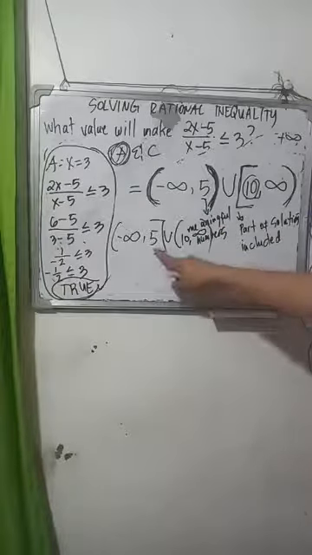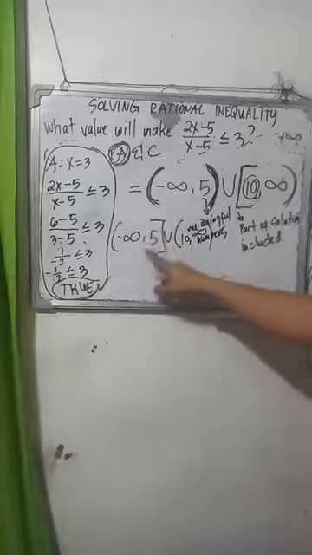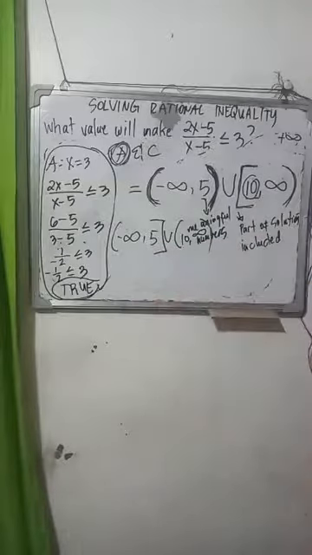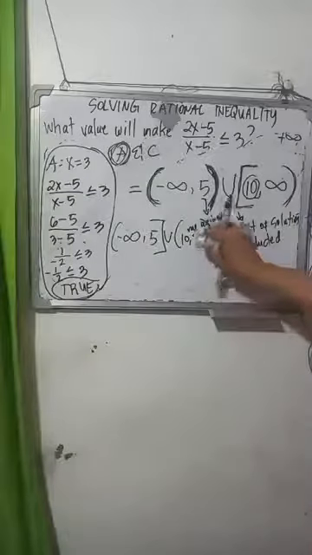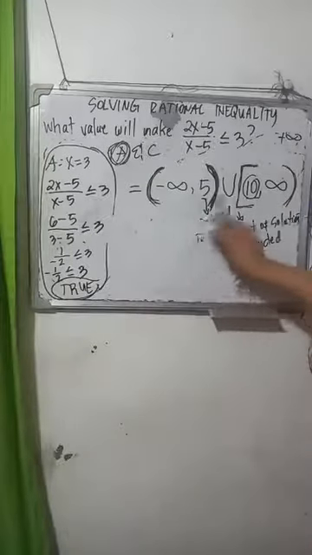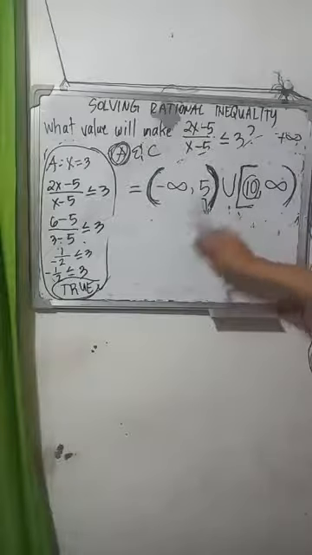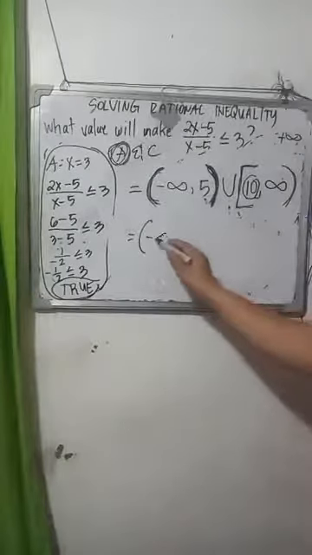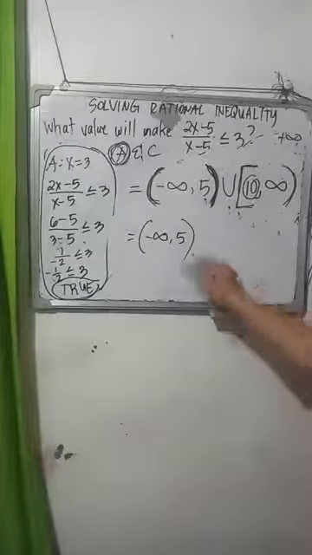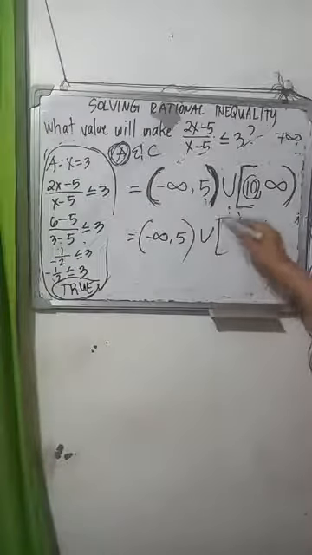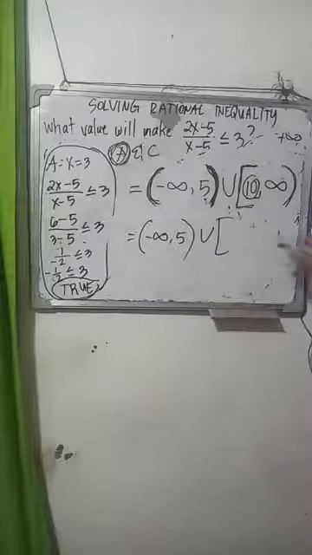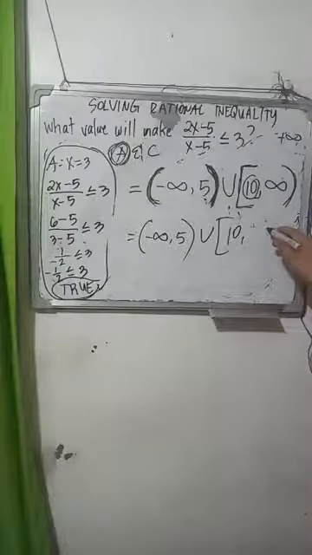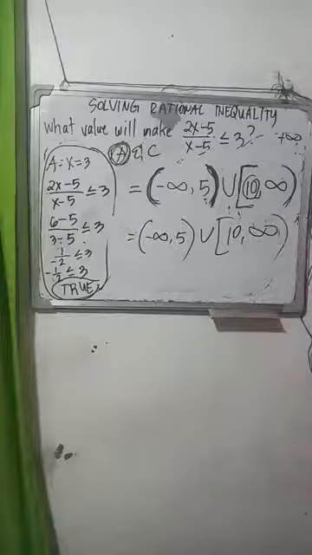Since hindi naman siya part ng solution, so we will use parenthesis. So ito na yung tamang sagot: parenthesis, negative infinite to positive 5, union, then we will use bracket kasi included yung positive 10 sa solution. So 10 to positive infinite.